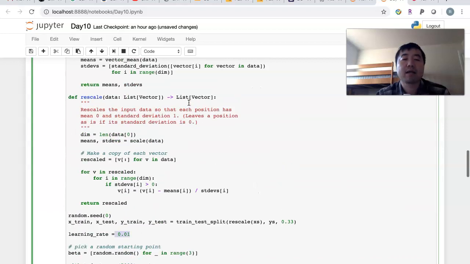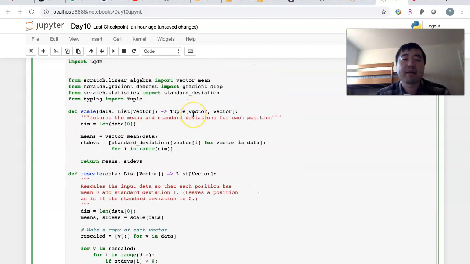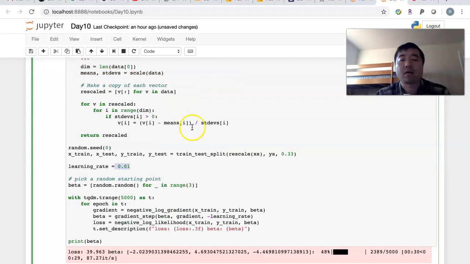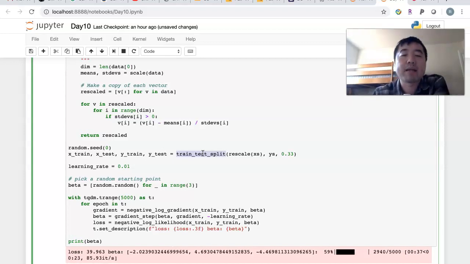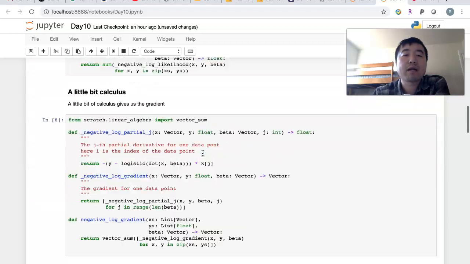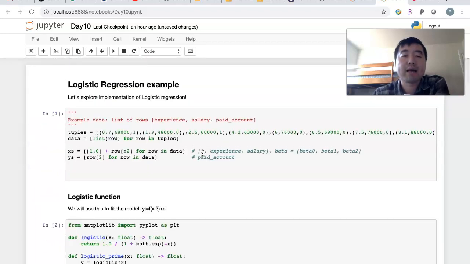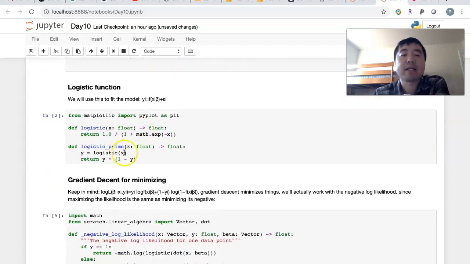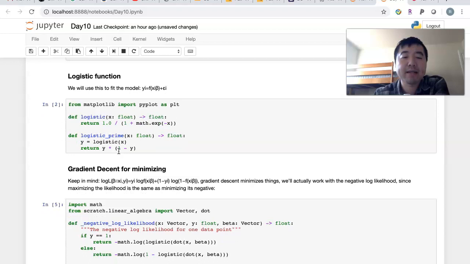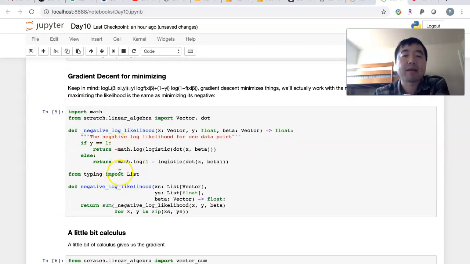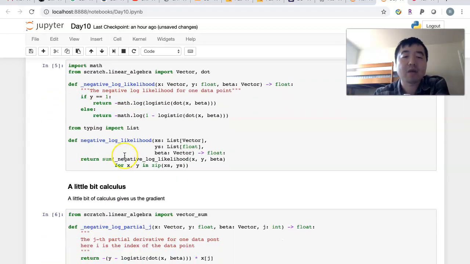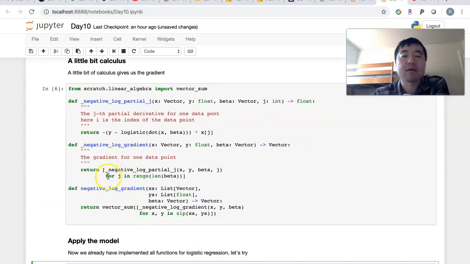Generally, with this implementation, we already have most of the functions. We learned that before, and we directly call them, so you don't need to implement that from scratch. Overall, from the beginning, we have the logistic regression, the data here, and then we have this function that we have to implement: the gradient descent, the negative log likelihood, and the partial derivative, especially the gradient part.